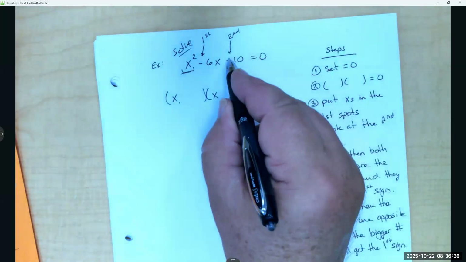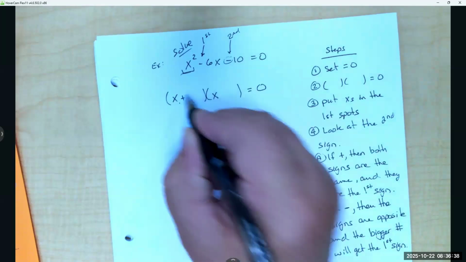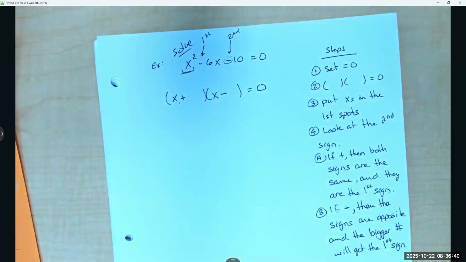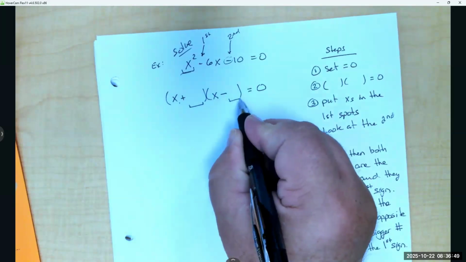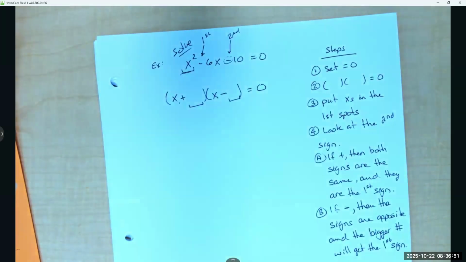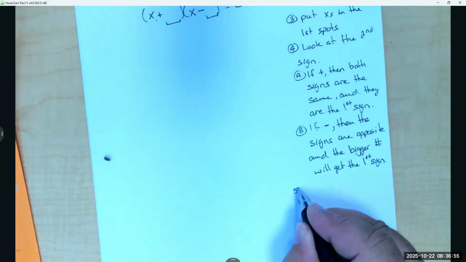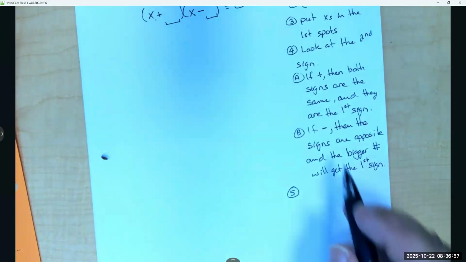Yeah, since the second sign's a minus, they're going to be opposites. One's going to be positive, one's going to be negative. Now, in these spaces, that's where the numbers go. The next step.